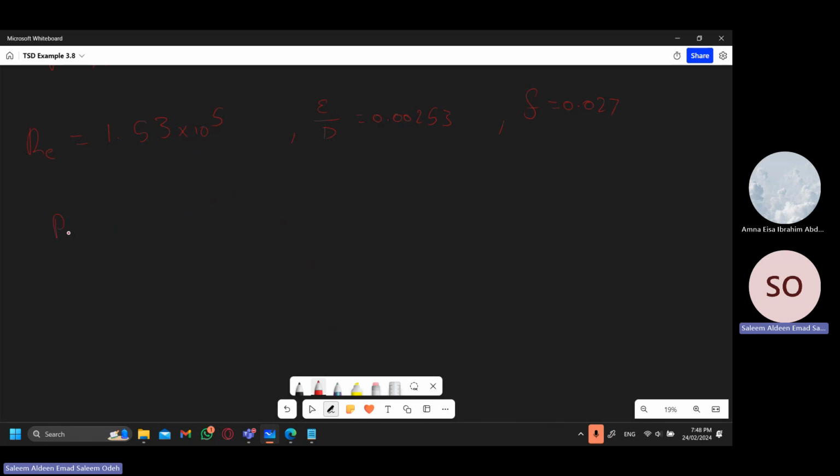So we will write the equation as so. What we're trying to find is P1 minus P2, because in the question, they told us it cannot exceed 8.5.